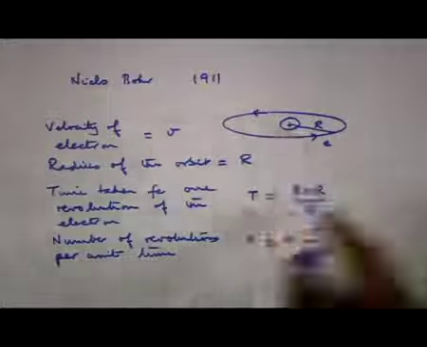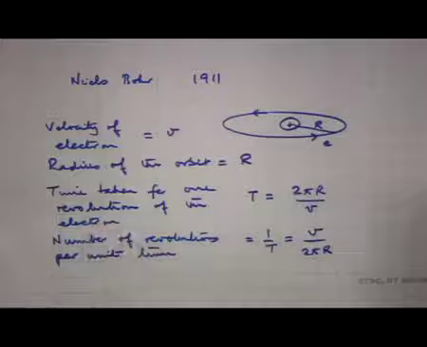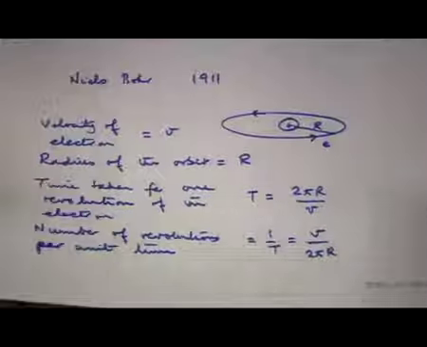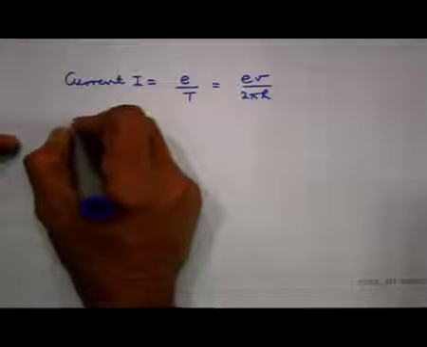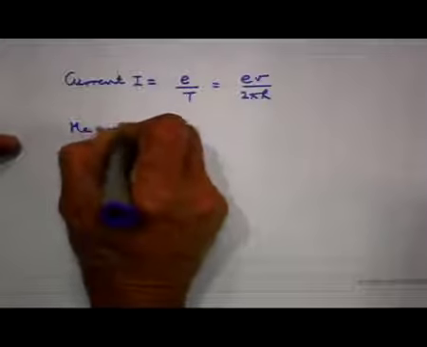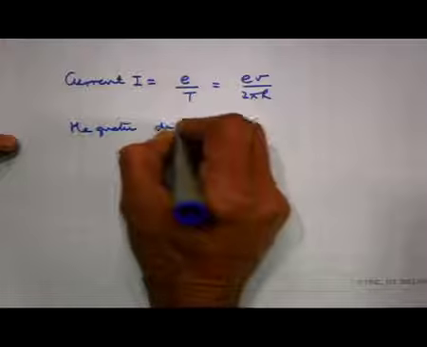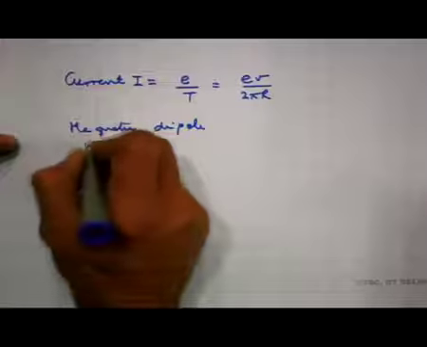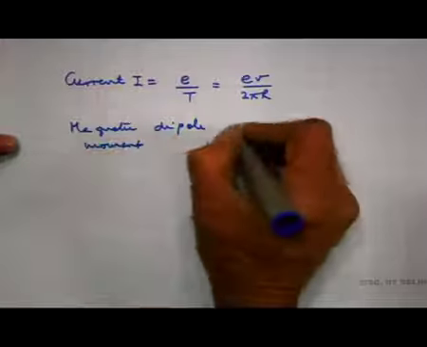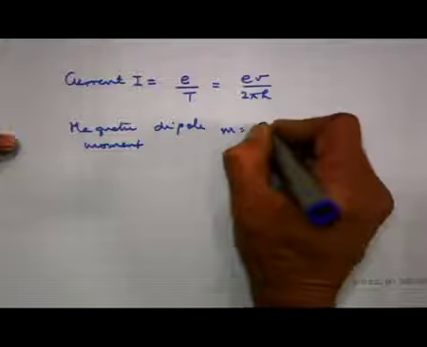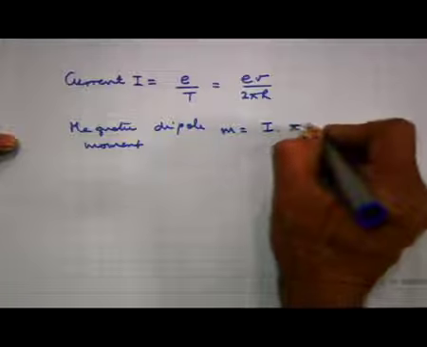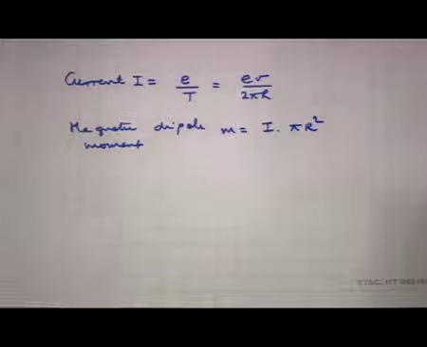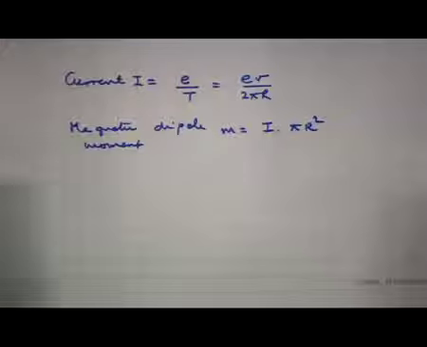Now, if you have a current in a loop like this, we know that this also constitutes a magnetic dipole. So, I can immediately calculate the magnetic dipole moment m, which is equal to current into area. I am calculating the magnitude of the dipole moment.